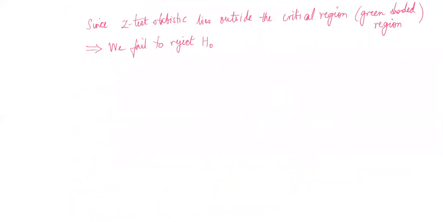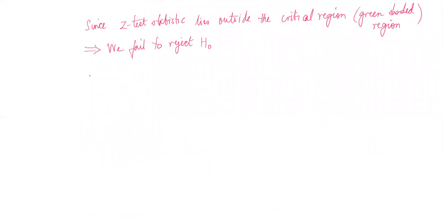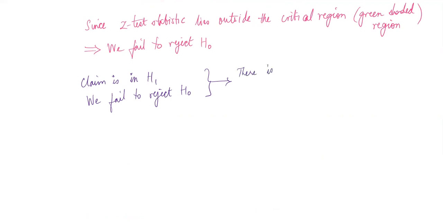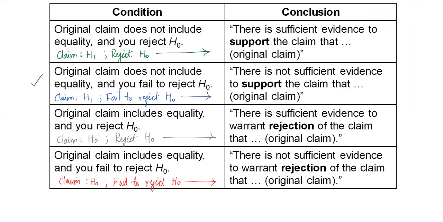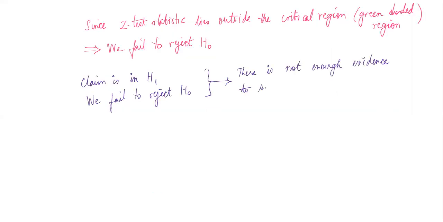Come over here and we'll put them all together. So to answer part D, I say the claim is in H1 and we fail to reject H0. These two conditions together tell us that there is not enough evidence to support the claim, because for the other one it would have said to warrant rejection. Here you have to say to support the claim.